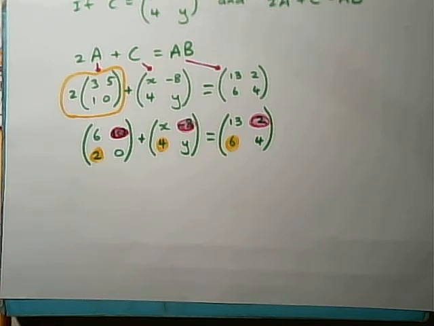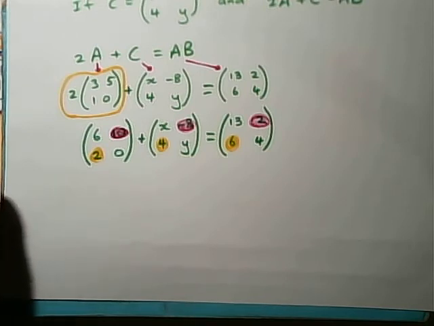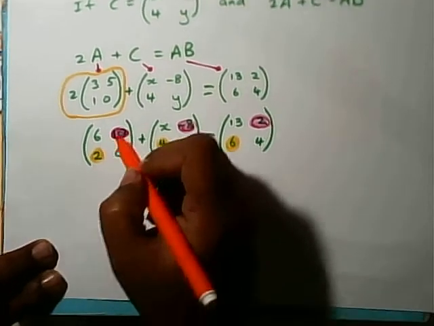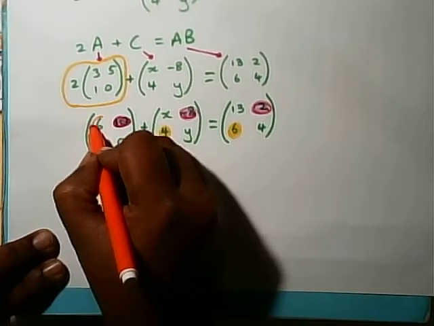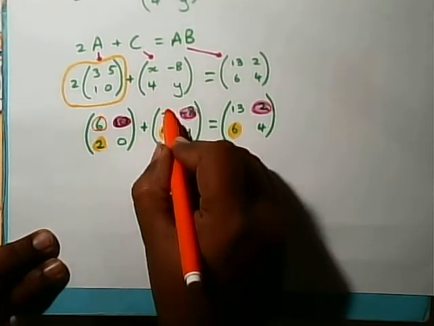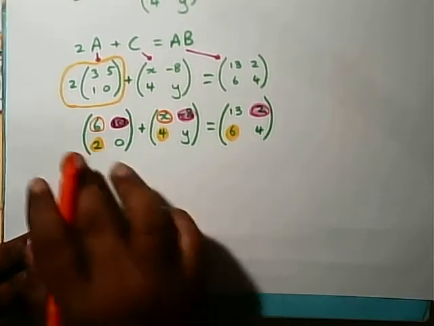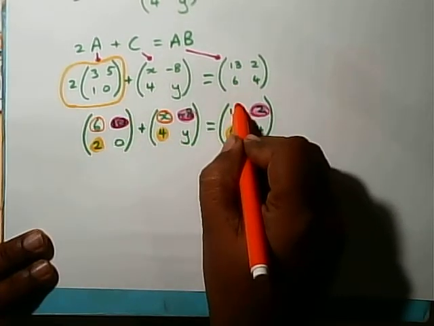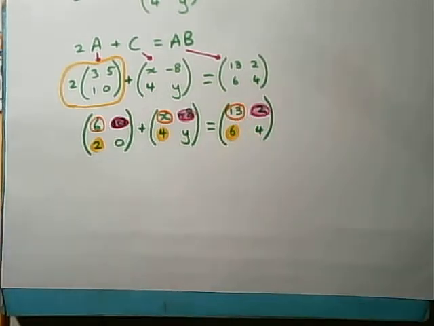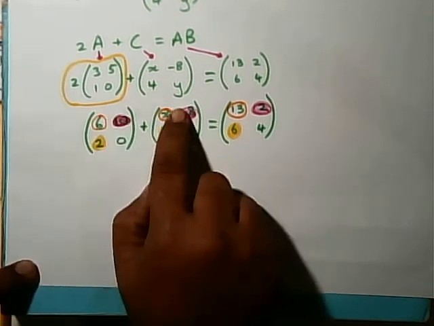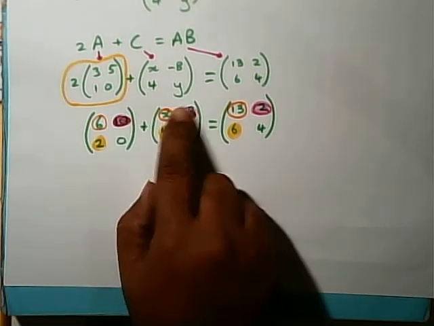Now the other one: 6 add X would give me an answer of 13. Adding the corresponding corners gives me this.